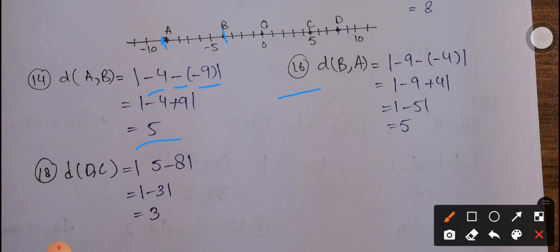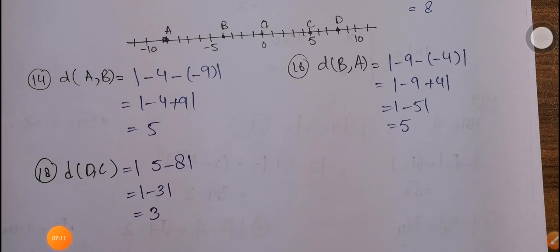Then we have question number 16, the distance of B comma A, or the distance of B from A. For the distance of B from A, B is at the point minus 4 and A is at the point minus 9. So a minus b, that is minus 9 minus (minus 4), is again going to be 5 in this case.